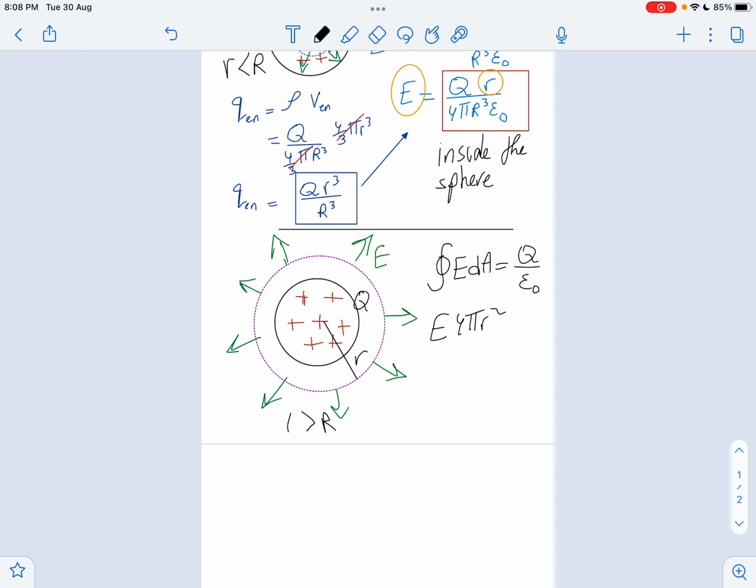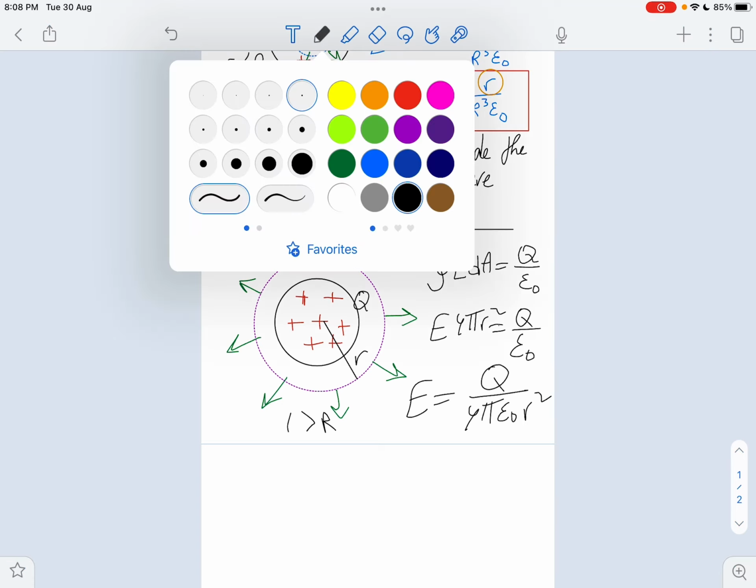Then this is equal to Q enclosed over epsilon 0, or Q over epsilon 0. So E becomes Q over 4 pi epsilon 0 small r squared. That's the electric field outside the sphere.